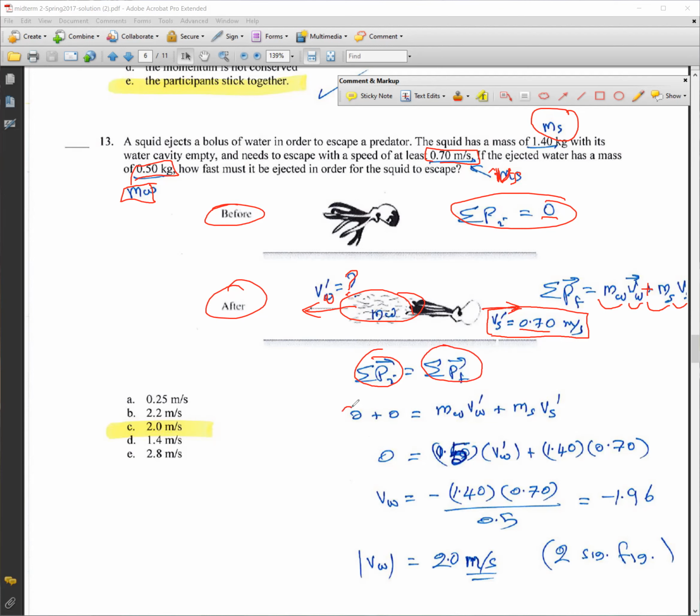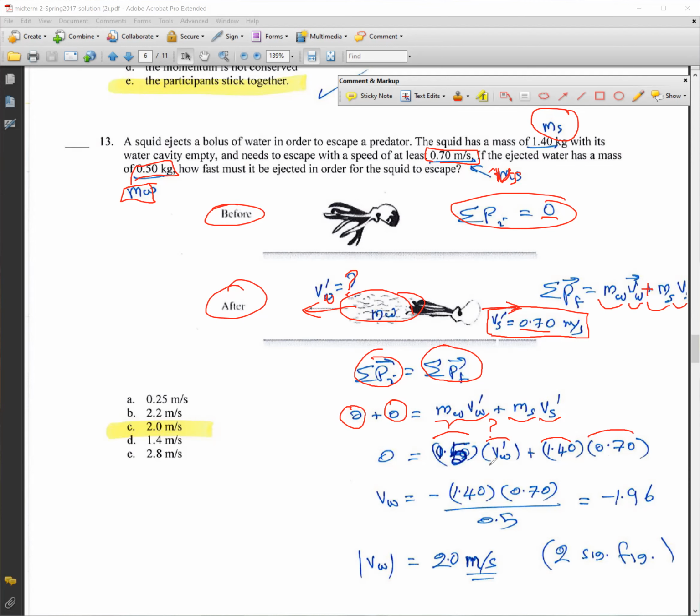Before, nothing is moving, so it's zero for both the water and the squid. After it is ejected, I have mass water times velocity water plus mass squid times velocity squid. I know the mass of water. Velocity water I don't know. I know the mass of the squid, 1.4 kilograms, and I also know the velocity of the squid at which it needs to escape.